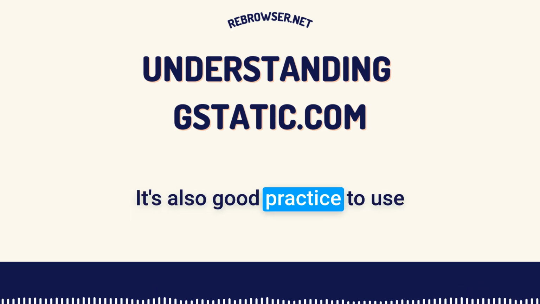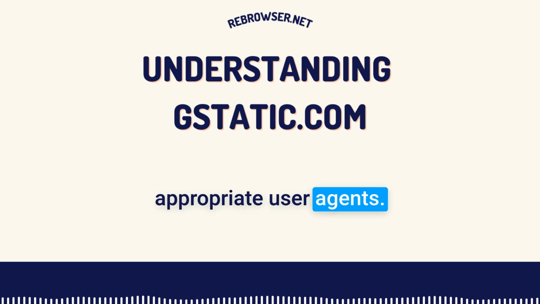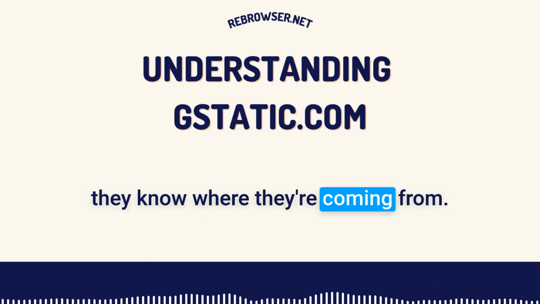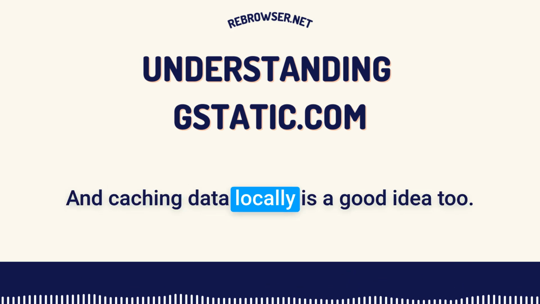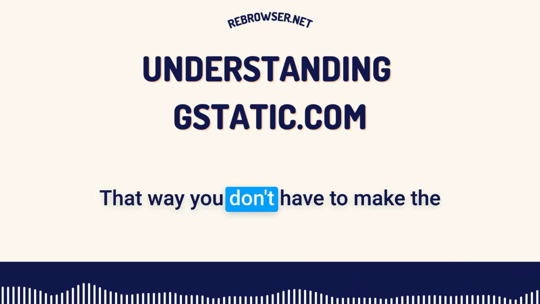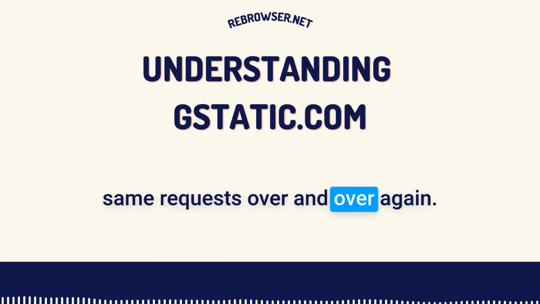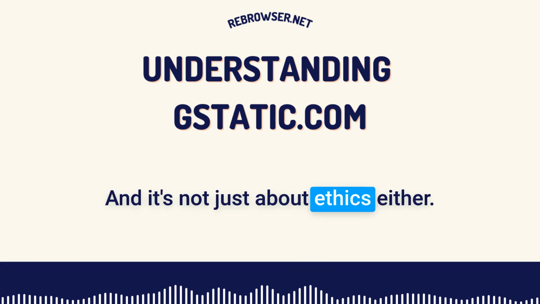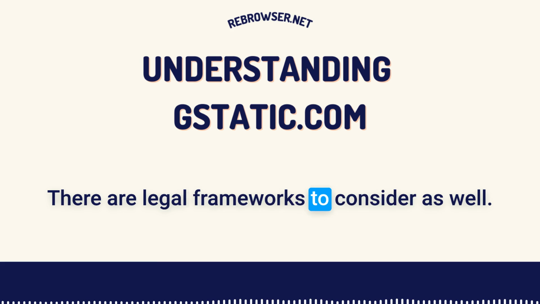It's also good practice to use appropriate user agents, which basically identify your requests so they know where they're coming from. And caching data locally is a good idea too. That way you don't have to make the same requests over and over again. So it's about being a good citizen of the internet. Right. And it's not just about ethics either. There are legal frameworks to consider as well.